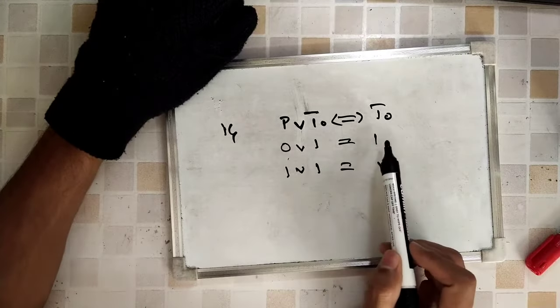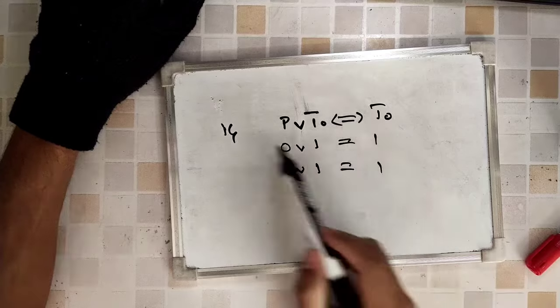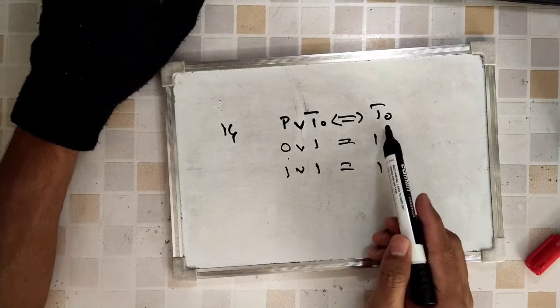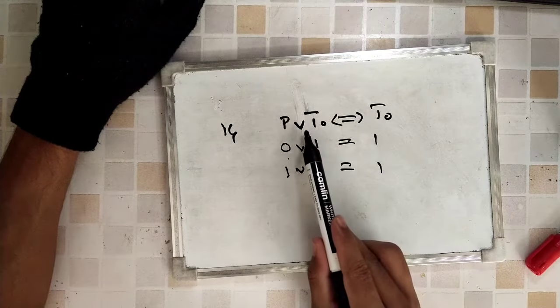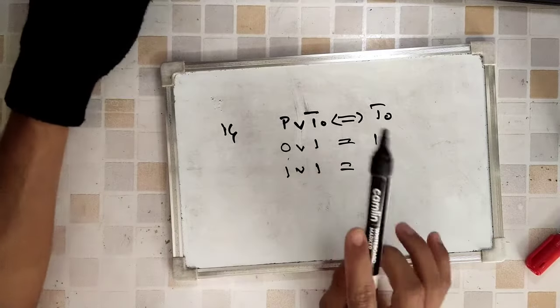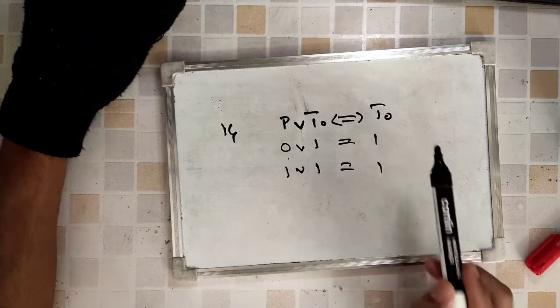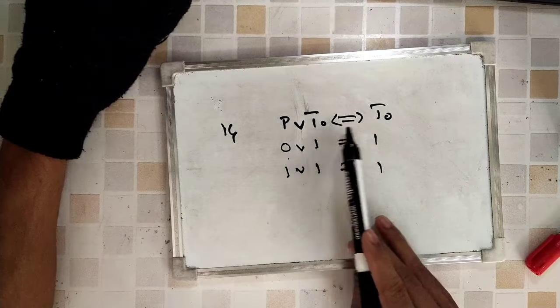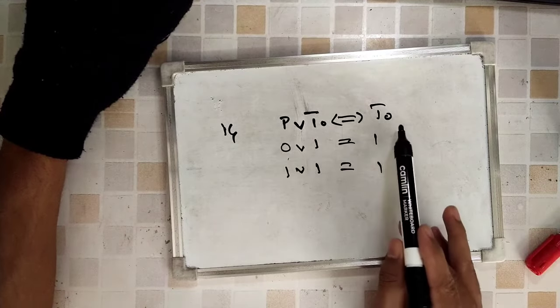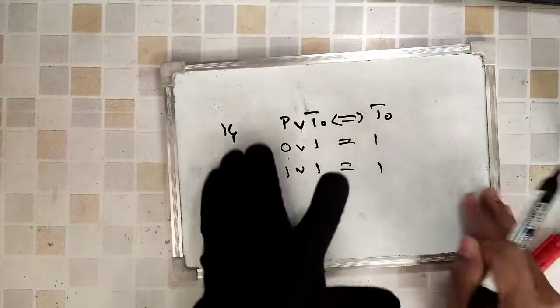Since here it was 0, we could say that it's P itself, but here it is not logically equivalent to P. Why? Because we are taking or with T naught. T naught is always 1. So no matter what value we take, 1 is already there. So obviously 1 will come in the output. So that's why T naught will be displayed here. So P or T naught is always T naught.